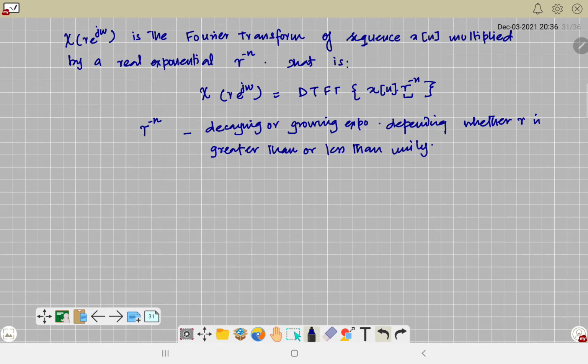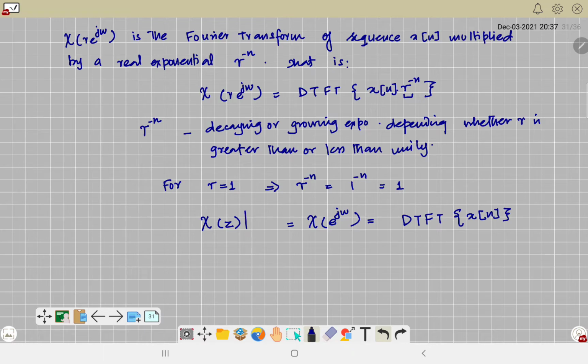Now we'll take a typical case, where r is equal to 1. When r has a value of 1, r raised power minus n is equal to 1 raised power minus n, which will be 1. Now for this typical case, X of z will be X of e raised power j omega, which will be actually the discrete time Fourier transform of the sequence x of n.